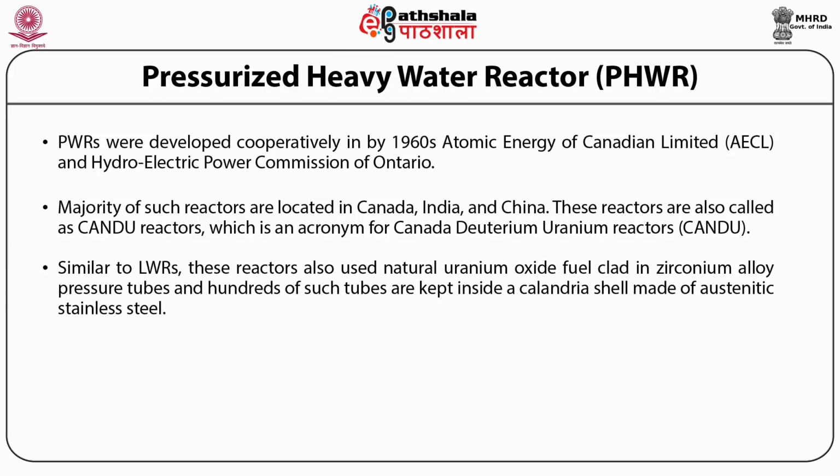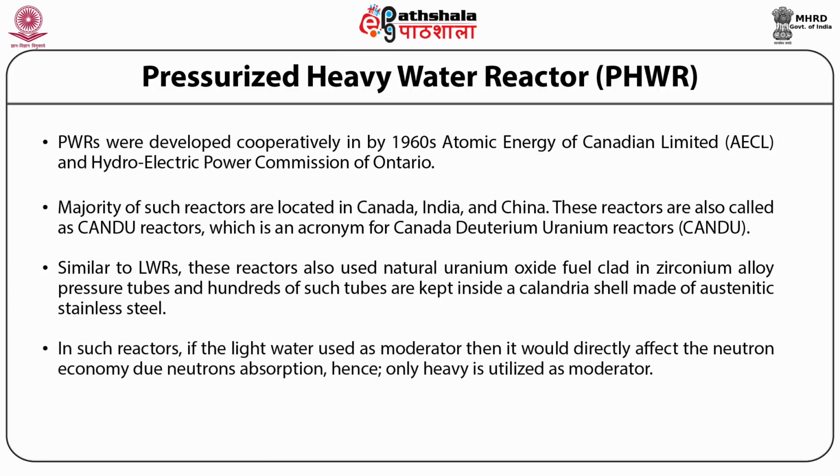The shell also provides channels for pressurized heavy water and moderator. In such reactors, if light water were used as moderator, it would directly affect the neutron economy due to neutron absorption. Hence, only heavy water is utilized as moderator.